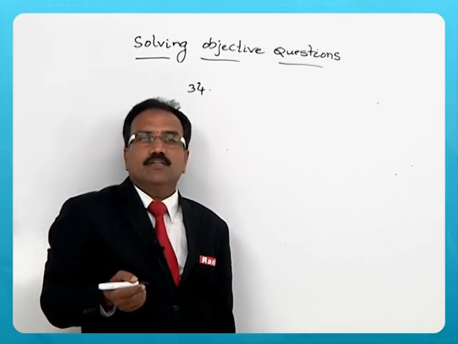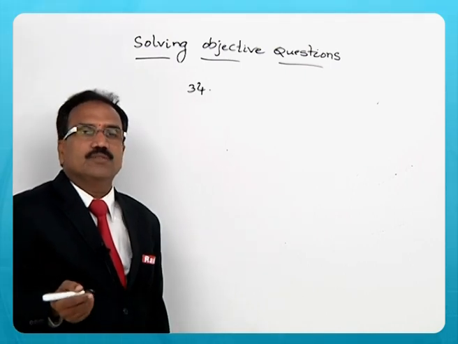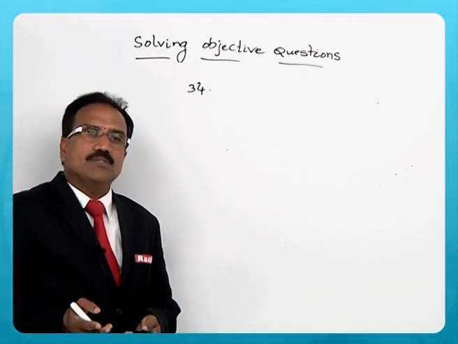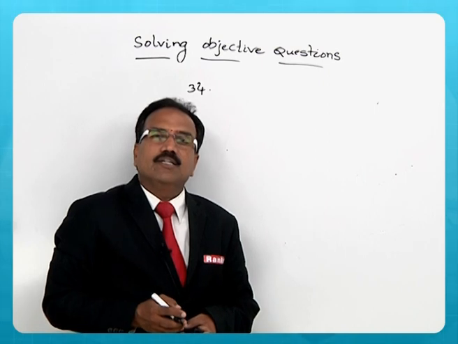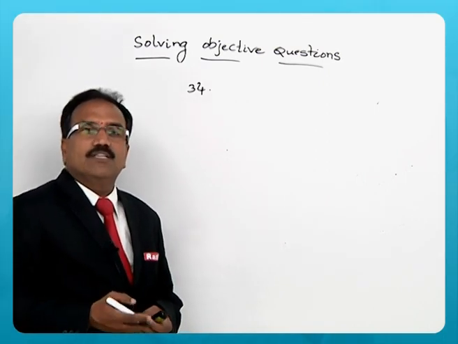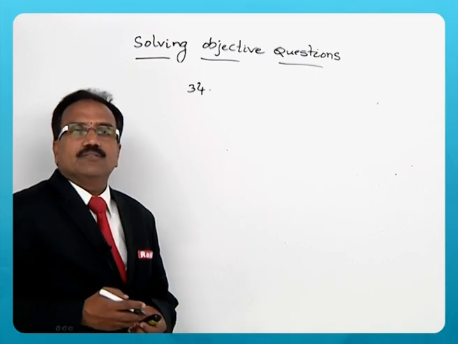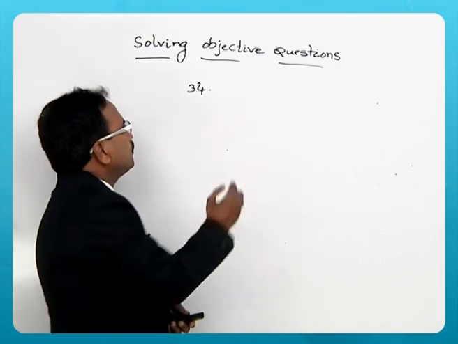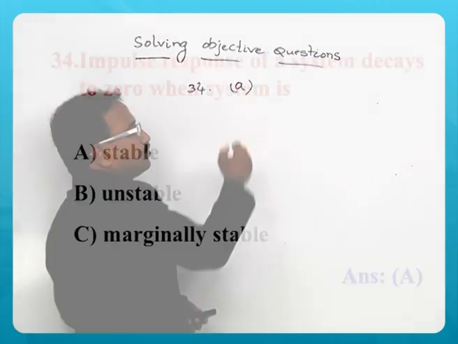Then we say that that is a stable system. So in terms of impulse response, stability was defined. So when impulse response is decaying to 0, it is a good symptom, so stable system. Option A is the right answer.